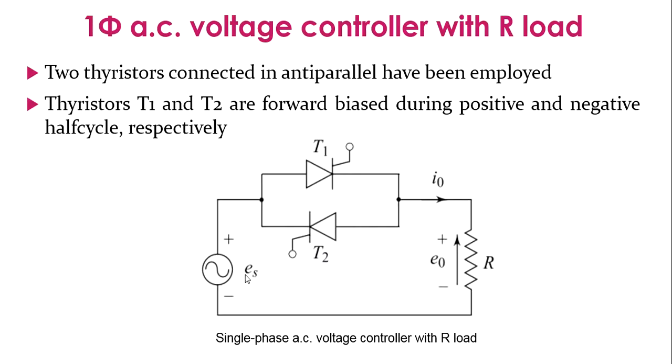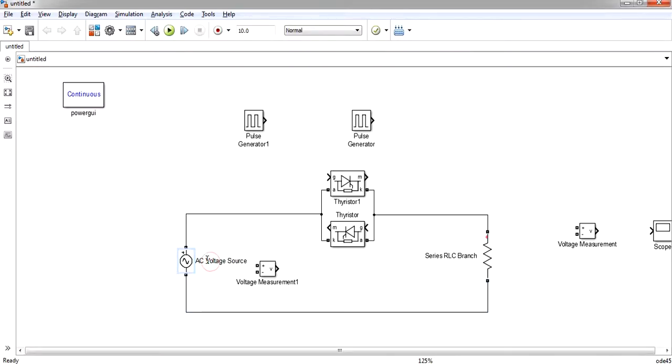This is your ES, so let us change it to AC supply, or you can say input voltage, and this is your R load, a purely resistive load. Whatever voltage across it you are going to measure will be your load voltage, so I am connecting this voltage measurement block across your load.